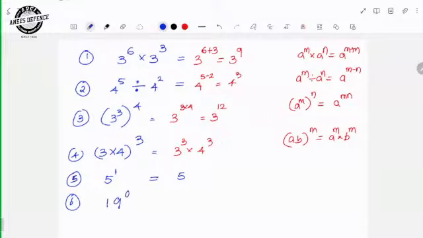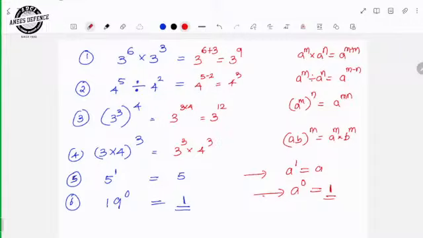Then another one, 19 raised to 0. Anything raised to 0 is normally 1. For this we can write A raised to 1 equal to A, and for this we can write A raised to 0 is equal to 1.